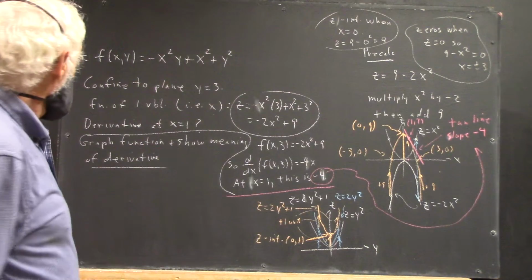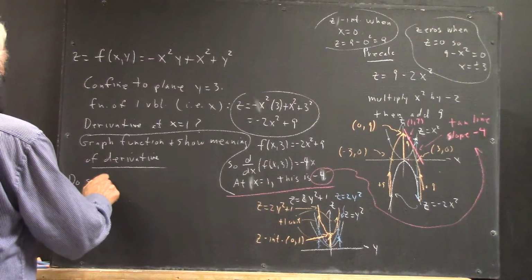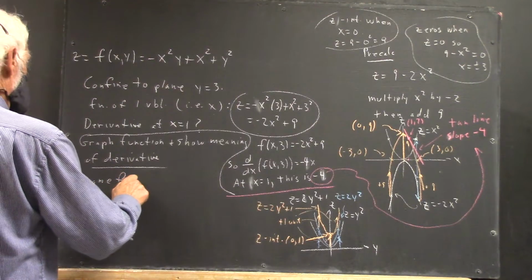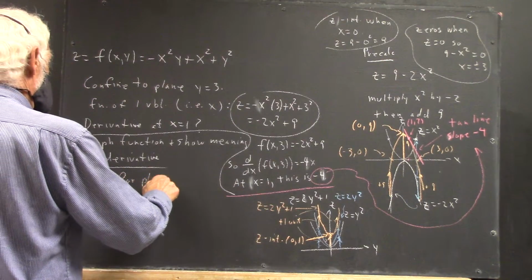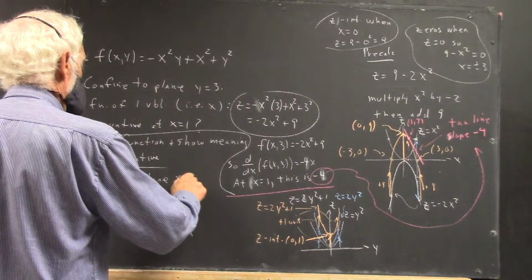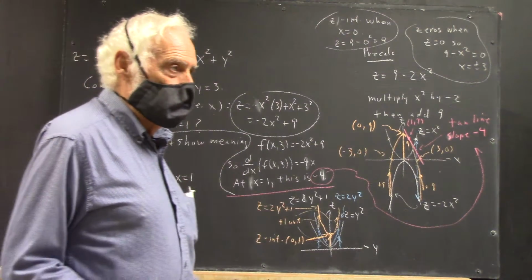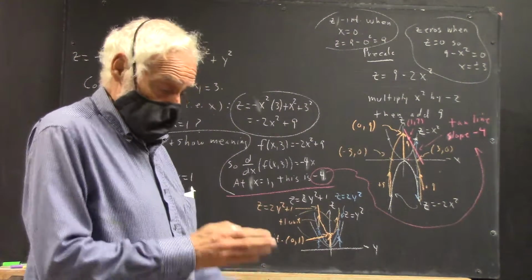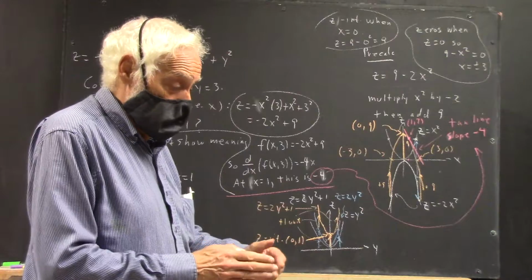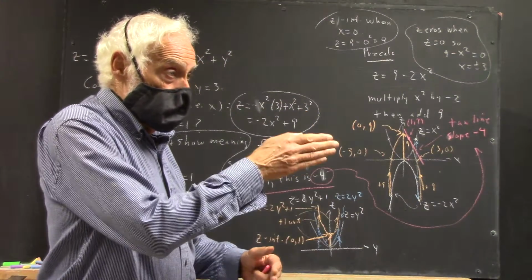Well, we want to do the same thing for the plane x equals 1. Now, just to show there's method behind my madness, the plane x equals 1 on our picture here would be out from the origin, about here maybe.